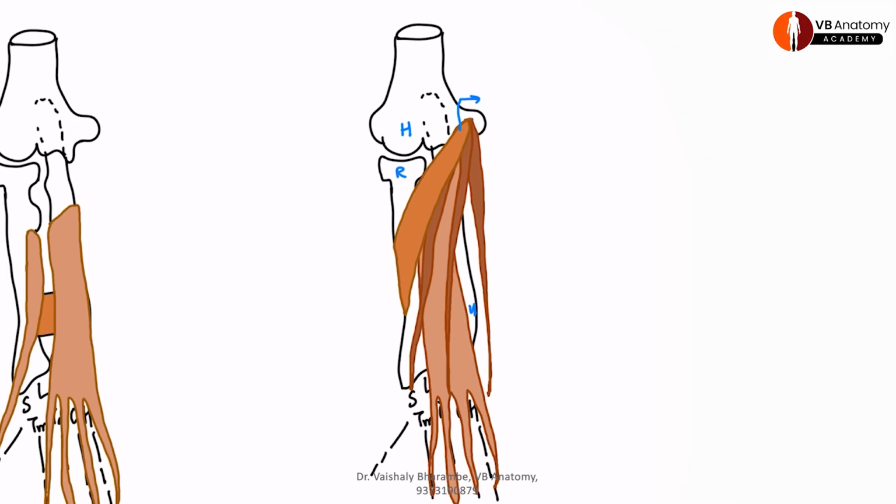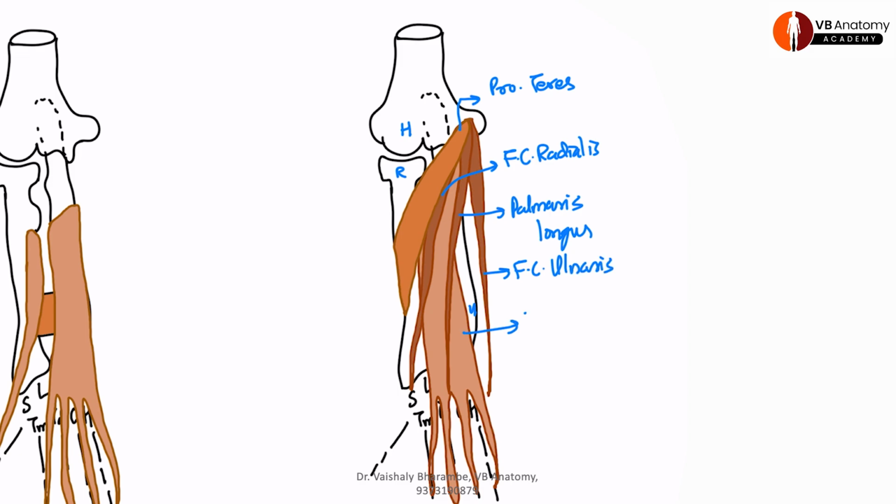Pronator teres, flexor carpi radialis, palmaris longus, flexor carpi ulnaris. And deep to them here is your flexor digitorum superficialis.